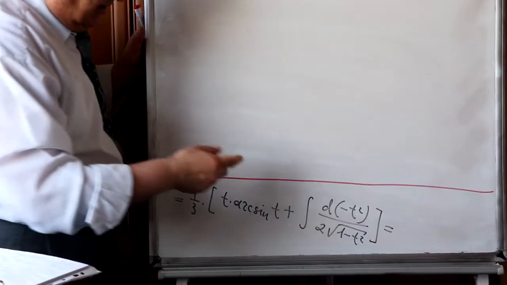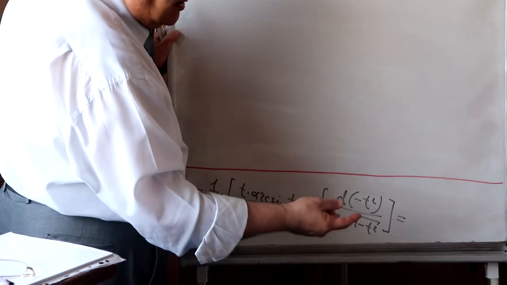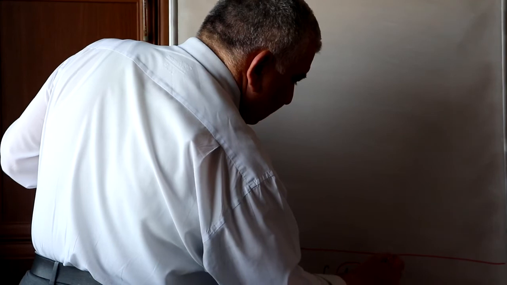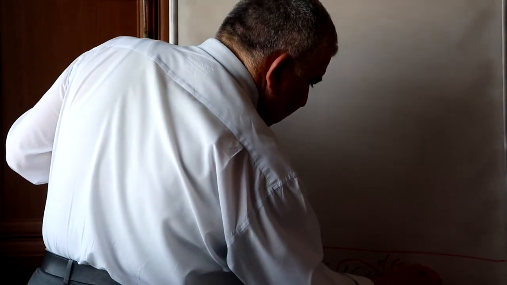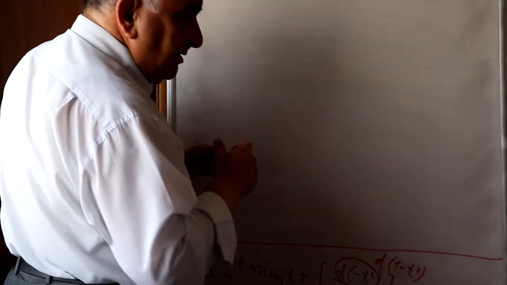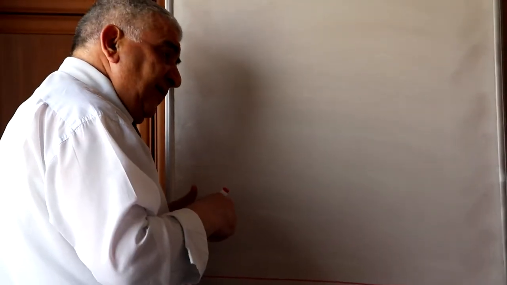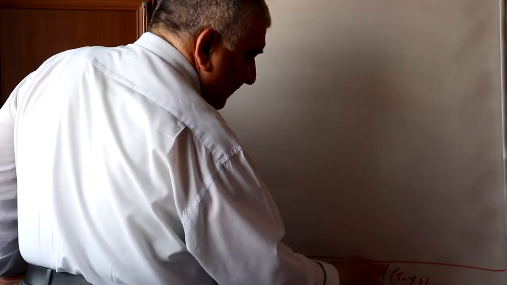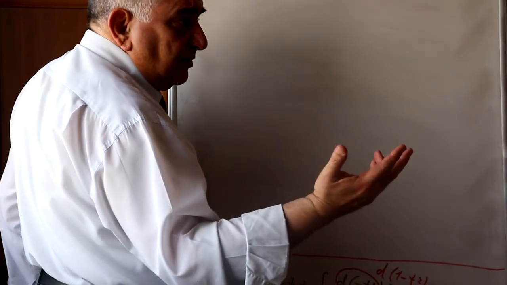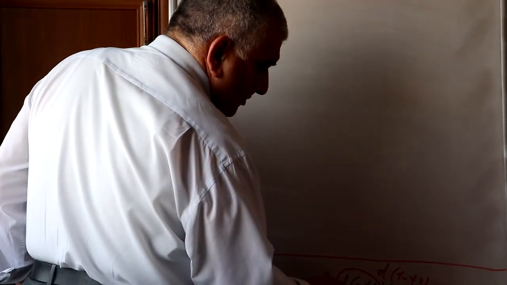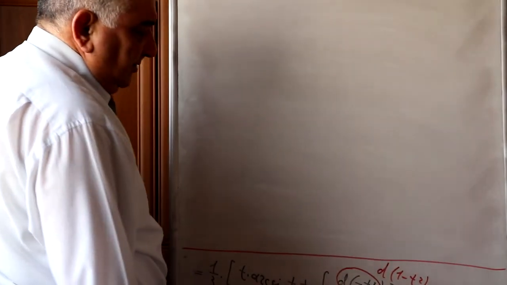We can rewrite d of minus t squared as d of 1 minus t squared, because the differential of a difference is the difference of differentials, and the differential of a constant value is 0. Therefore, it is equal to d of minus t squared.